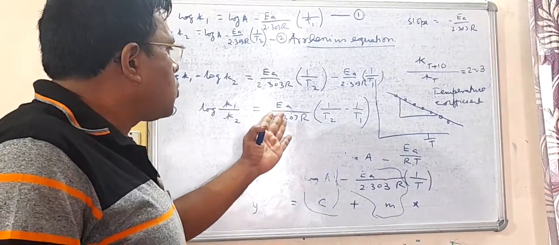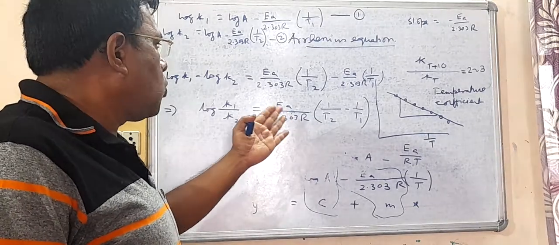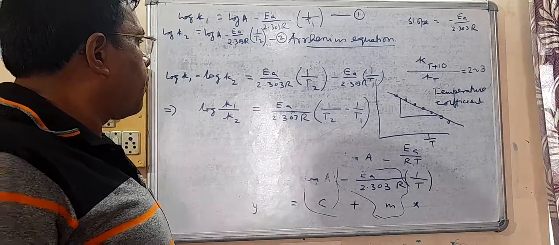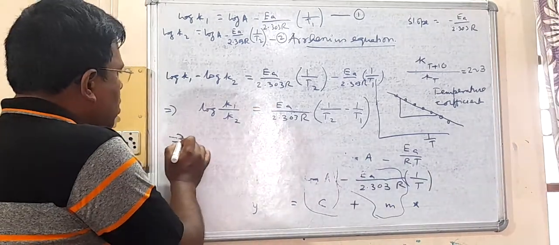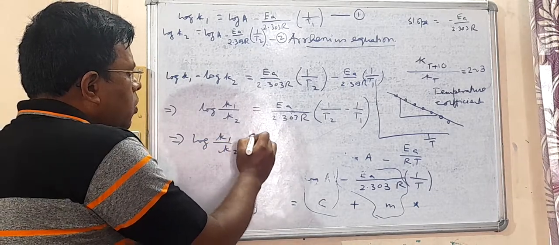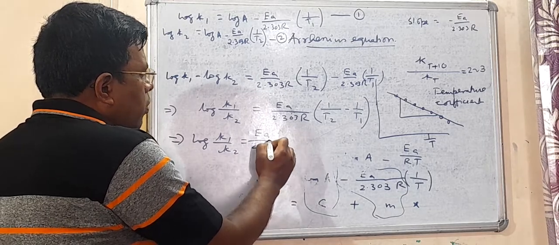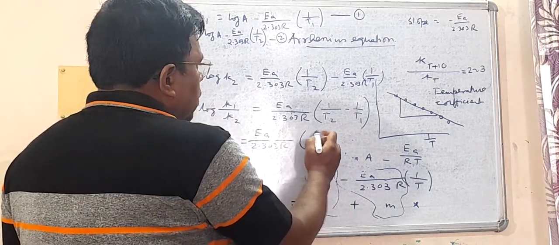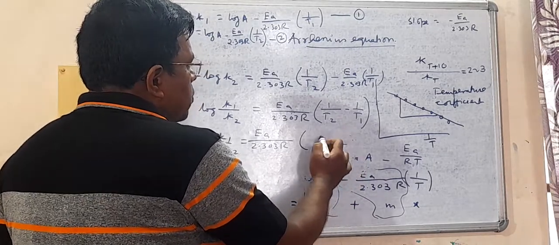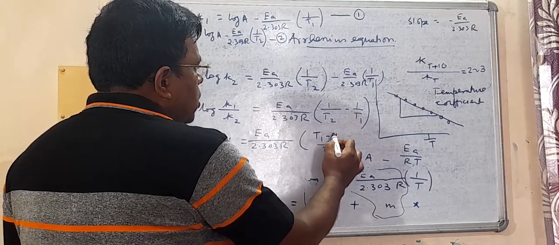You can use directly this form of the Arrhenius equation at two different temperatures. We can also write this form in this way: log K1 by K2 is equal to EA by 2.303 R, T1 T2 multiplied, and this will be T2 minus T1.